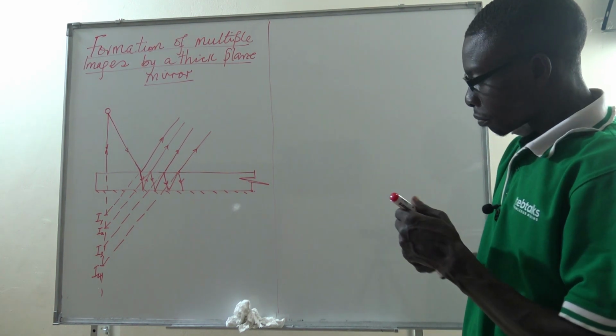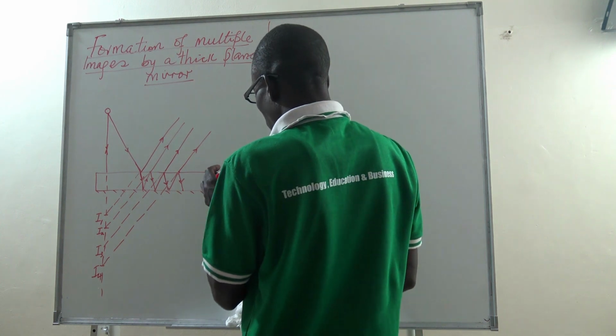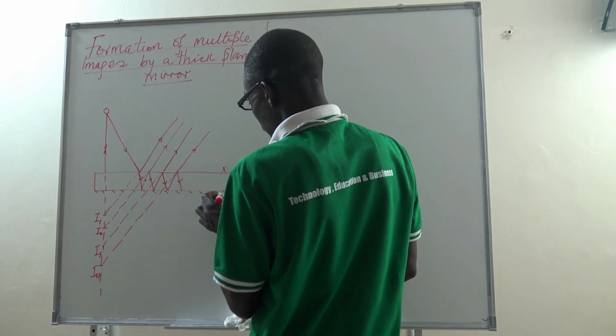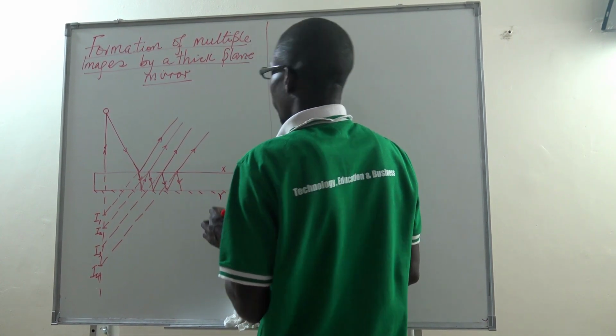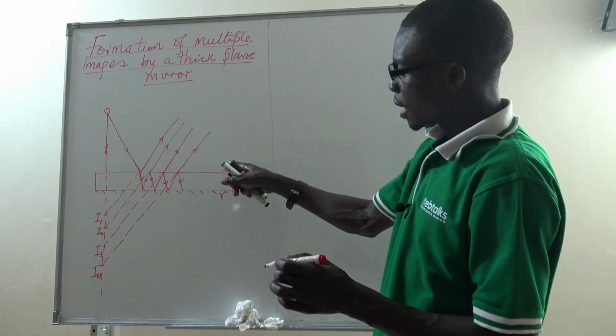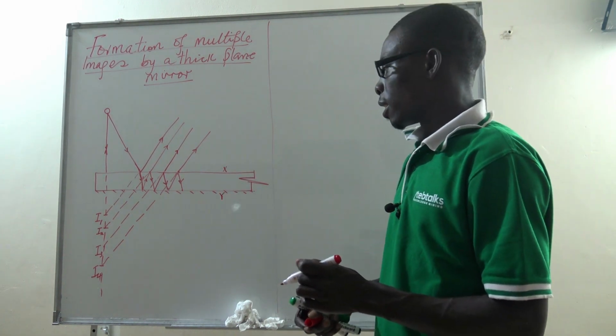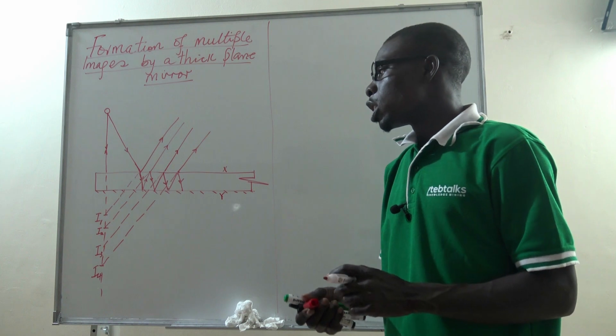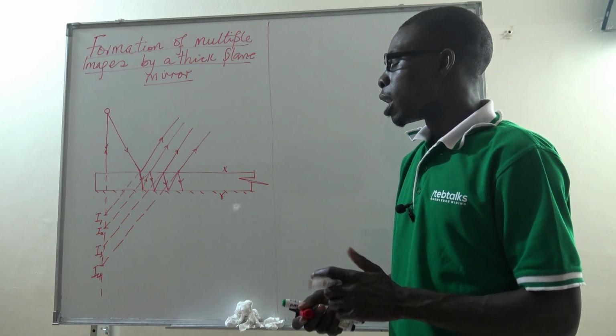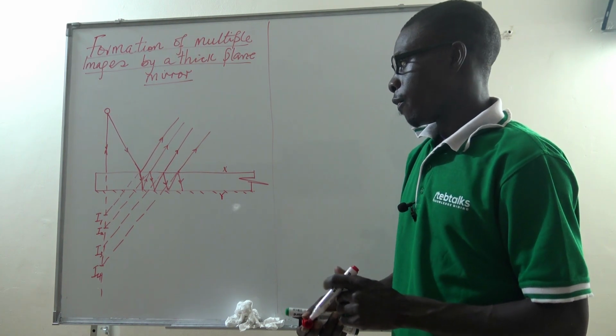Is that okay? So I can call this upper surface X, and I can call this one Y. So we have surface X and the lower one Y. All of them can do the work of transmission and reflection.